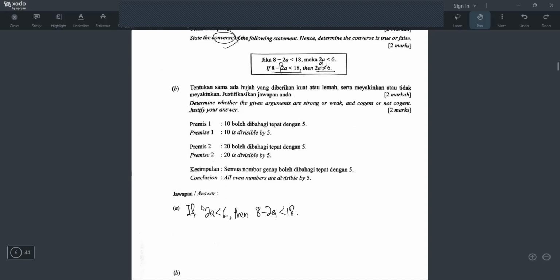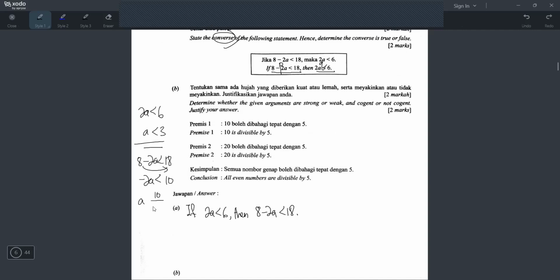So let's think about this. If 2a is smaller than 6, then 8 minus 2a is smaller than 18. If 2a is smaller than 6, it means a is definitely lesser than 3, right? Because 6 divided by 2 is 3. And then what about the other one? 8 minus 2a smaller than 18. We can try to find a here. Negative 2a smaller than 18 minus 8, which is 10.